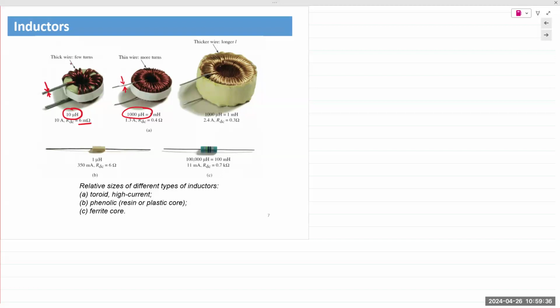So here, 6 milliohm resistance versus 400 milliohms. Okay, 6 milliohms versus 400 milliohms. Just 2 things I wanted to point out, depending on the material and the design, the value of the inductor is different.